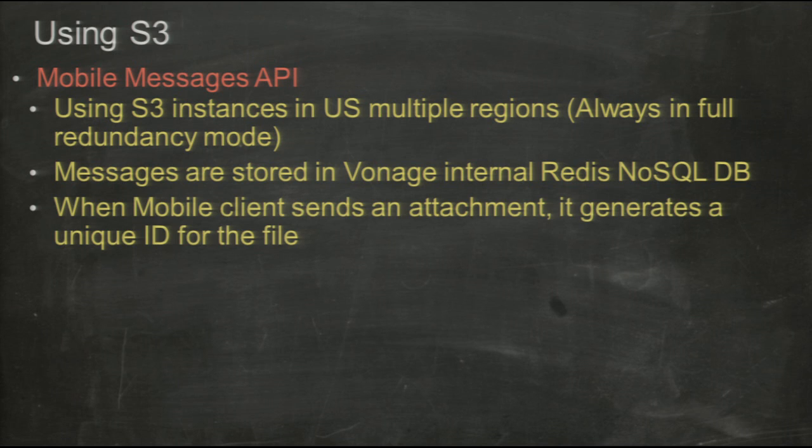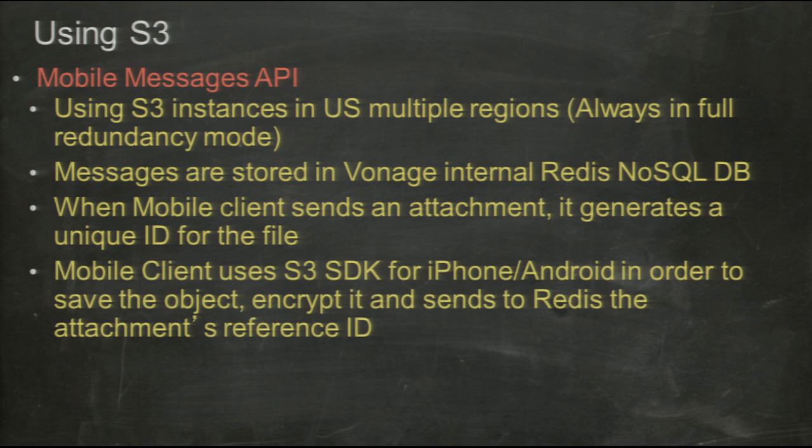What we are doing is generating a unique ID per message, sending the attachments to the relevant bucket, and then sending, using our internal Java API, the reference ID back to our Redis data structure.